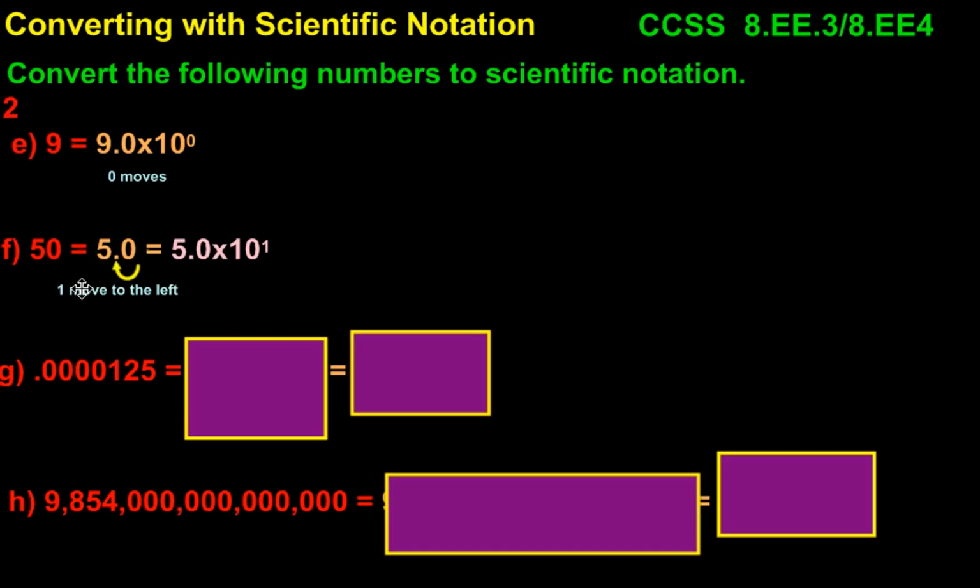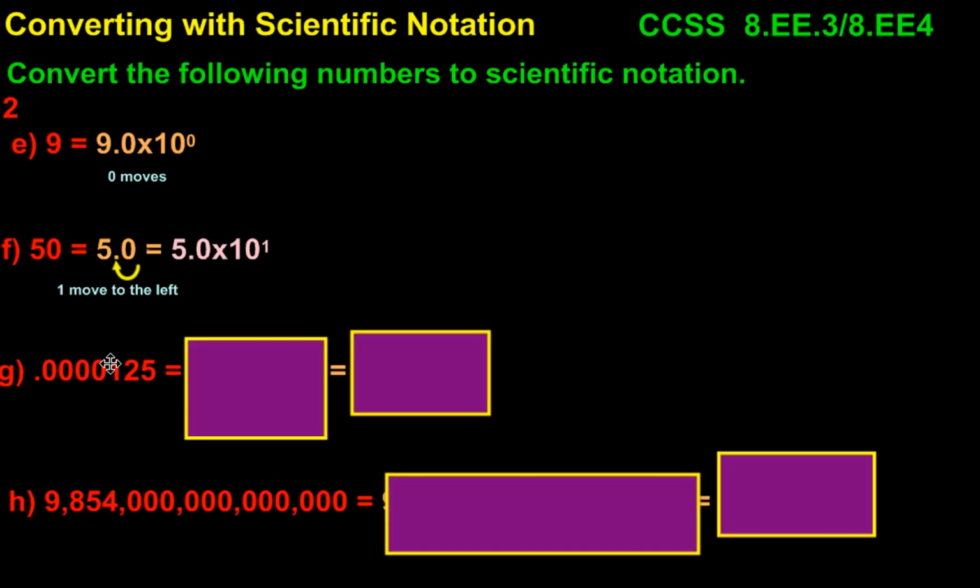Okay, no matter what number we work with, whether it be like G, which is smaller than 1, or these two, which are greater than 1, we always want there to be a whole number, a decimal, and then any series of whole numbers or zeros after that. So for G, we have 0.0000125. So we want to get the decimal.